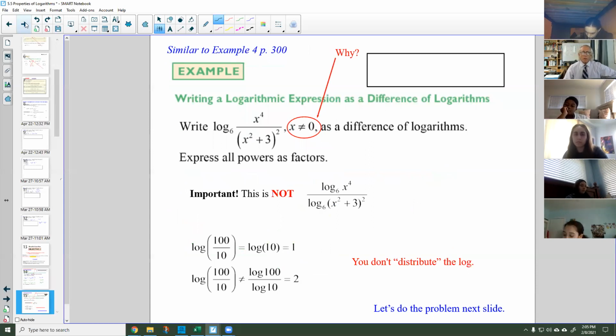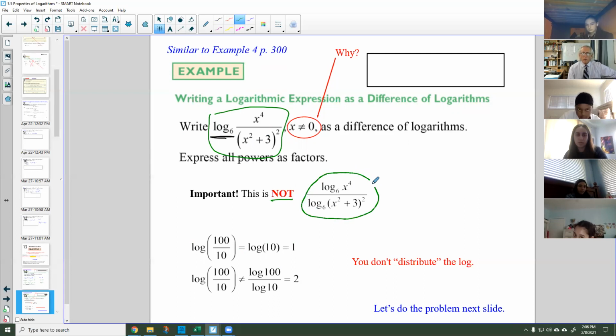Well, here I want to expand it again. I'm taking a single logarithm and I want to expand it. Now, this is important to point out. This expression right here is not log base 6 over log base 6.